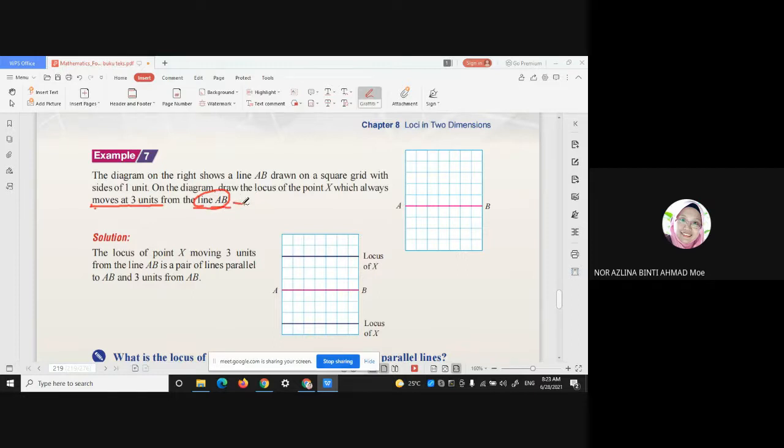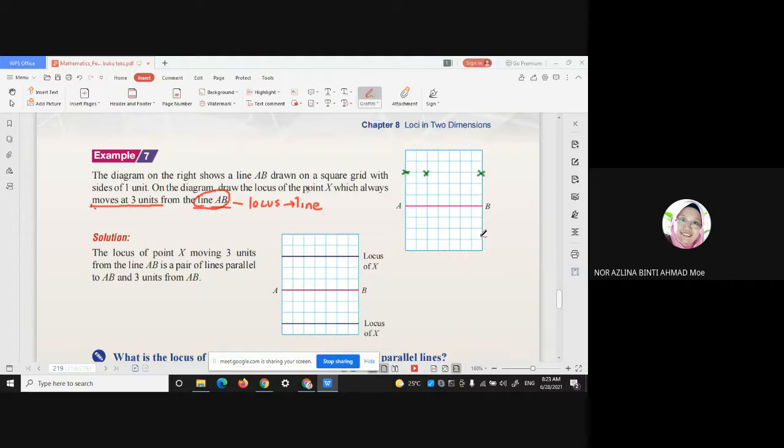So we know our locus is also a line. How many units? 3 units from line AB. This is 1, 2, 3. So here also 3 units. Here also.